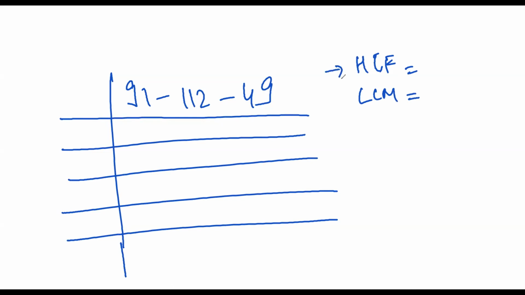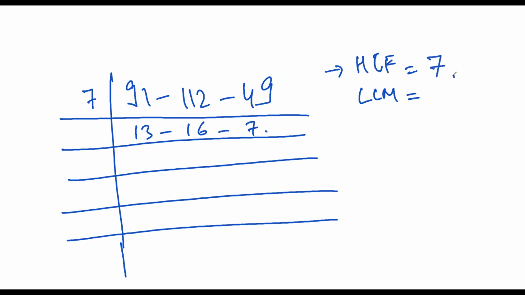What is the first common factor that I see? So 7. You are right, 7 is the first common factor that I see. What is the next common factor that I see? Sir, nothing. So my HCF would be 7.